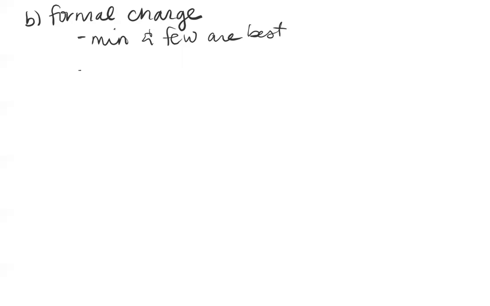And so we want to try and get formal charges of 0 if possible, but we can't break the other rules. And then another thing about formal charge is they have to add up to the charge on the molecule. Okay, so minimal and fewer is best. We want 0, and we have to add it up to the charge on the molecule.